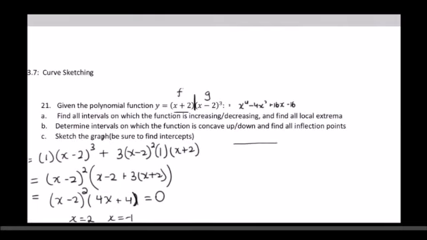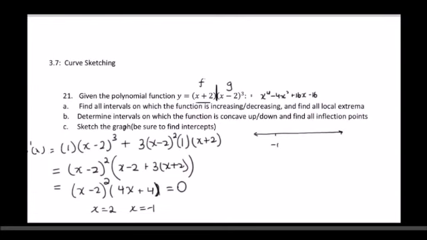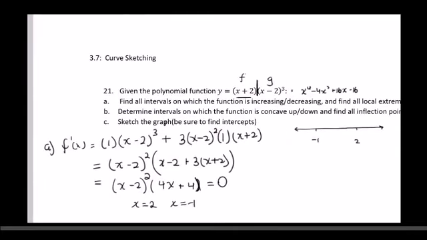Now when we put those on a number line for our first derivative test, and test some values. In this region, for example, we could test -3. -3 right there for x. -3 minus 2 is -5, but -5 squared is positive.